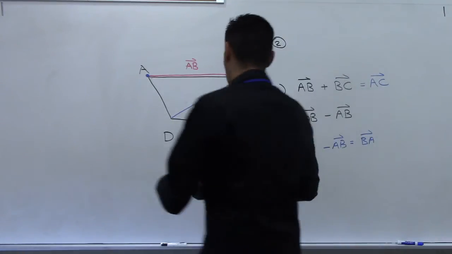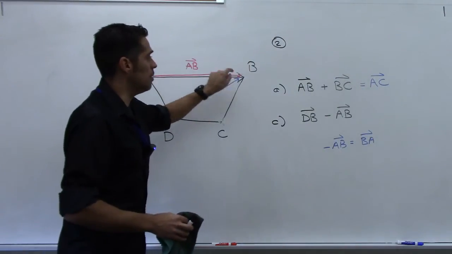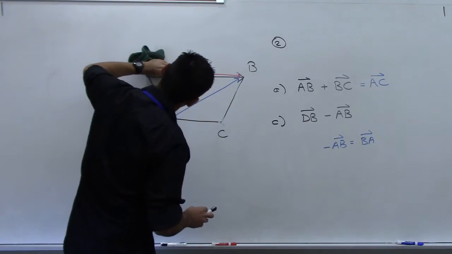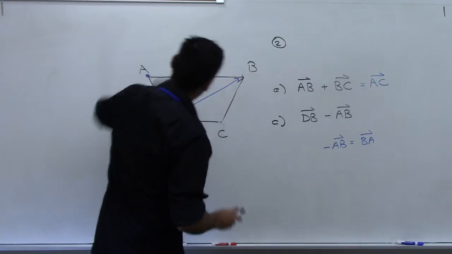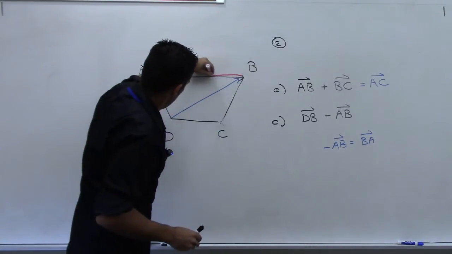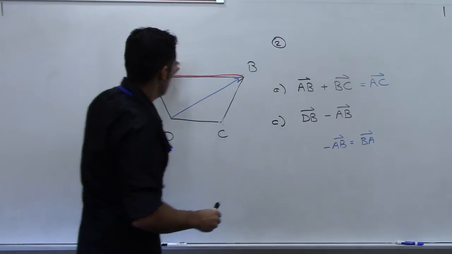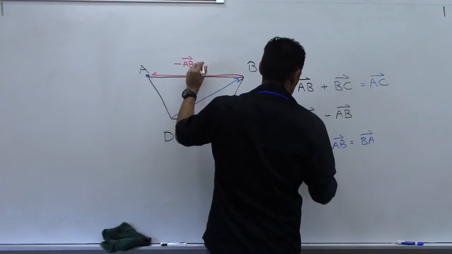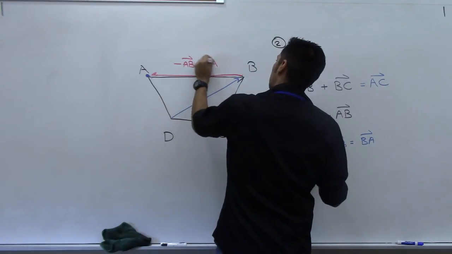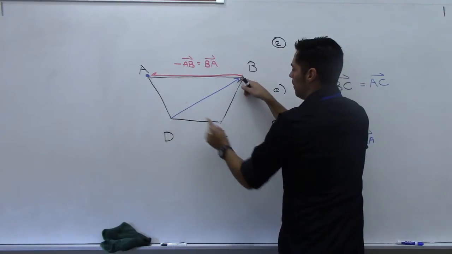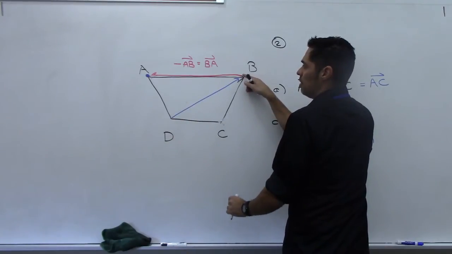So what I need to do is, if this is the vector from A to B, we want to go backwards, so you're actually going here, like this. So this is the vector negative AB, which is also the vector from B to A. So you're attaching the tip of this one to the tail of this one.